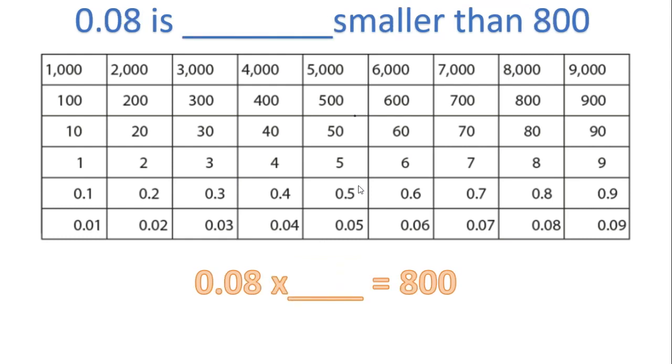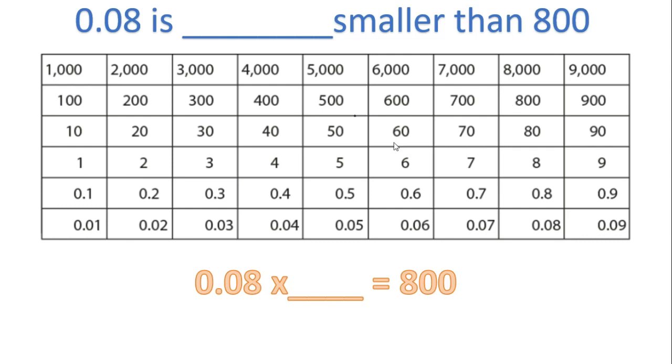Have a go at this one. 0.08 is how many times smaller than 800? Put your finger, so we're multiplying this time. So put your finger on 0.08 and start doing your little jumps. 1, 2, 3, 4. Okay, what's that going to look like?